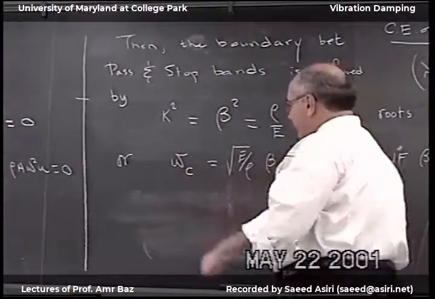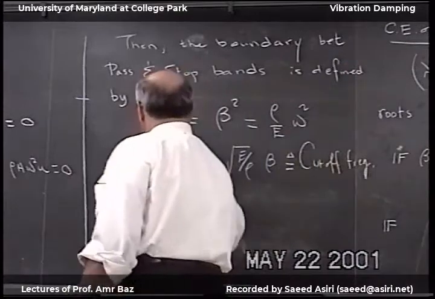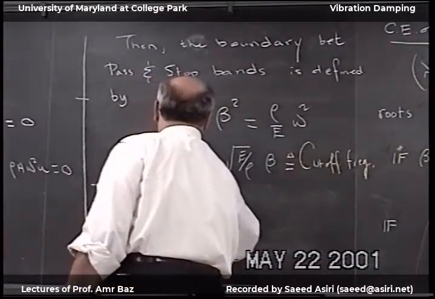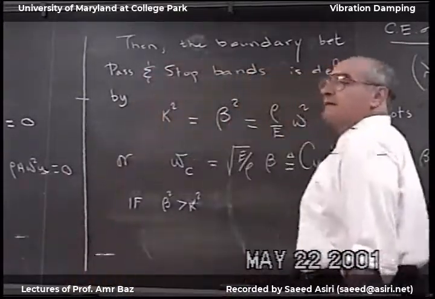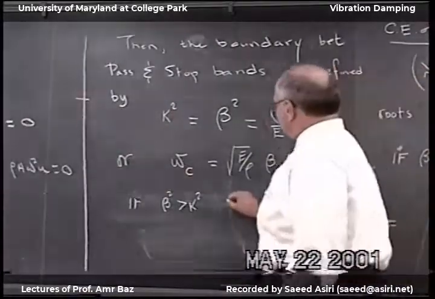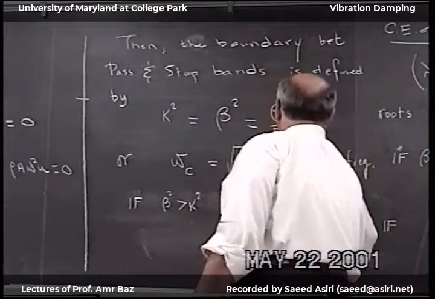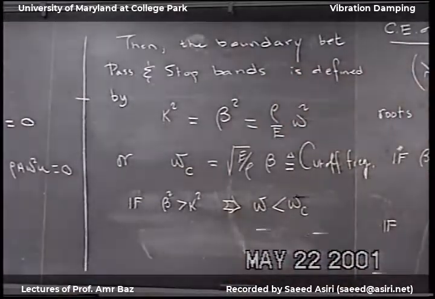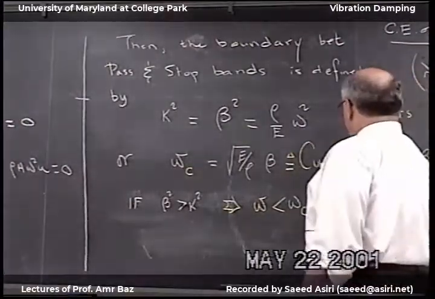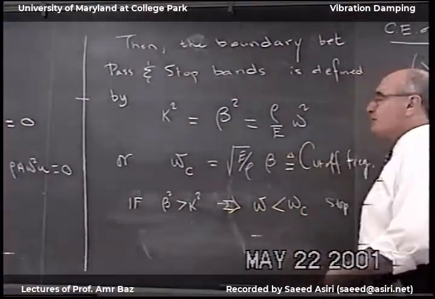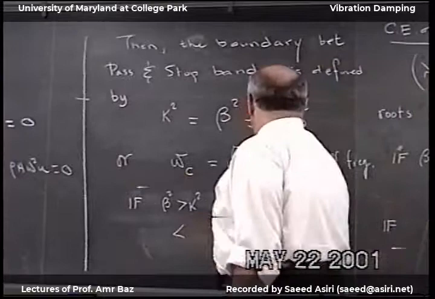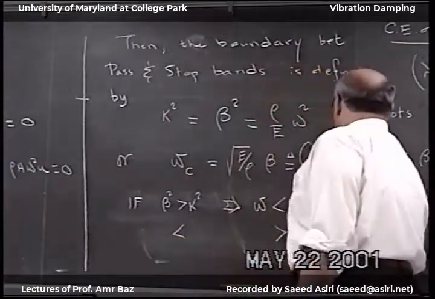So now if beta squared is greater than k squared, then this means omega is less than omega C, then I have a stop band. Otherwise, I have a pass band.